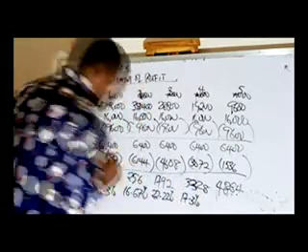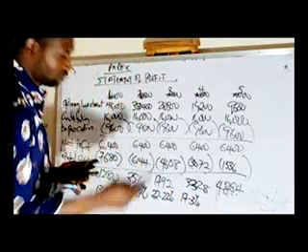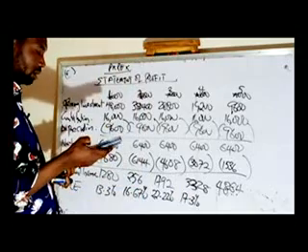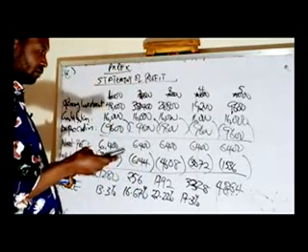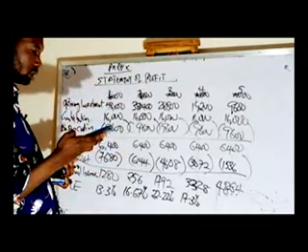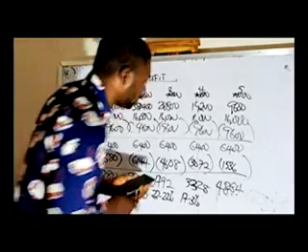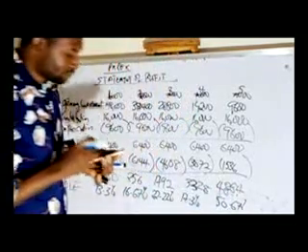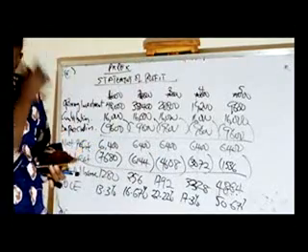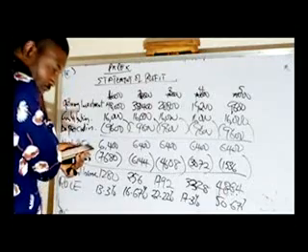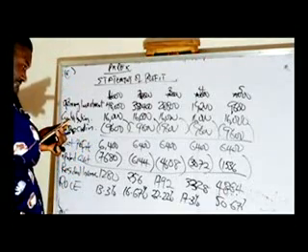Then 4864 divided by 96 times 100 is going to be 50.67. So this is the return on capital employed.